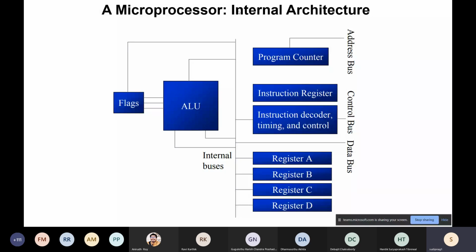Now within the microprocessor system, what are the things? You have to fetch data from the memory. That means you have to go next door, knock, and then get the data. So how do you do that? You first provide the address through the address bus. The address bus looks outside from the microprocessor, and it looks inside the memory.